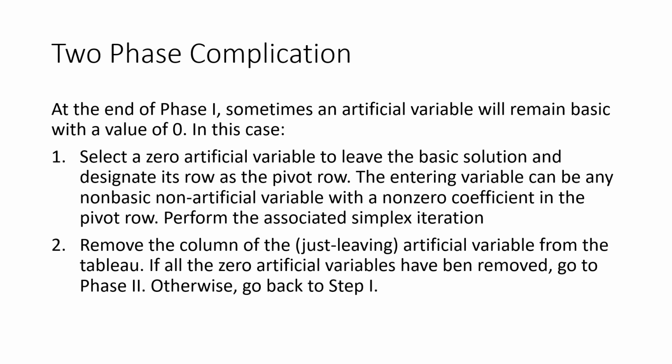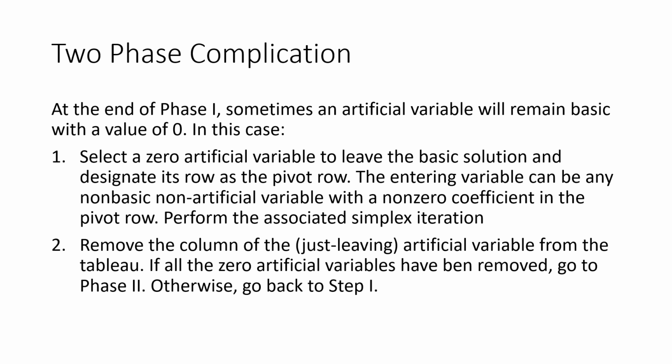When this happens, the value of that variable is equal to 0, so A will be in the left column, and the corresponding entry in the far right of your tableau will be 0. You have to do another pivot to get that artificial variable out of your set of basic variables. This doesn't happen all the time, just every once in a while.